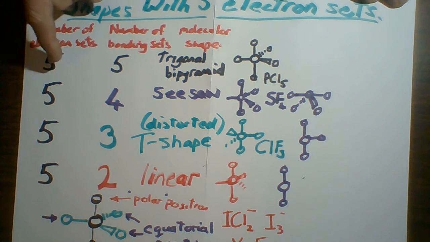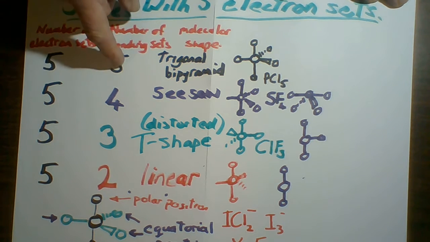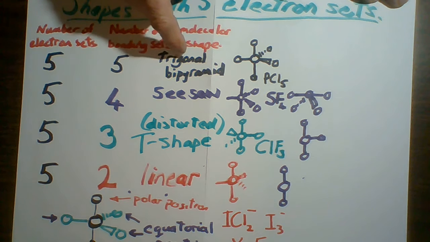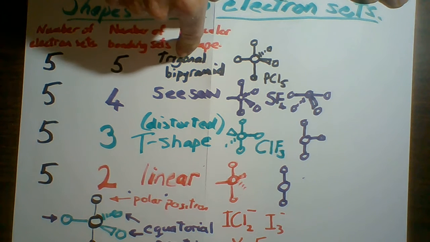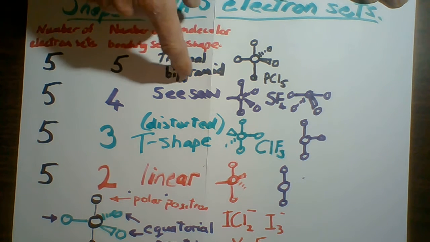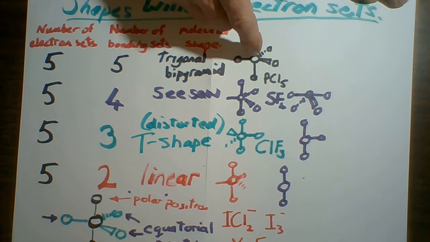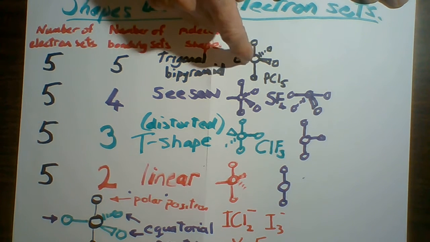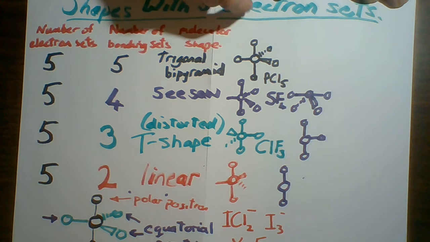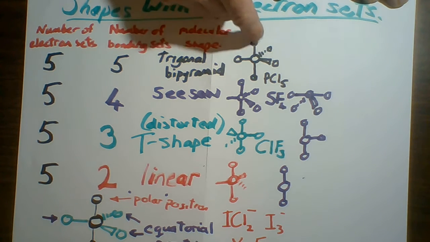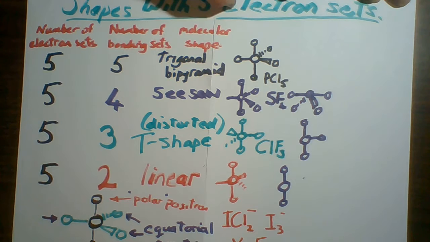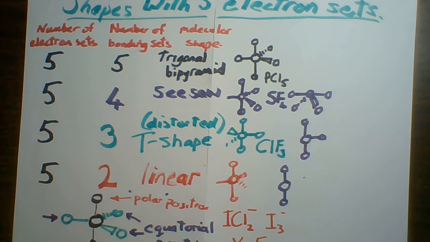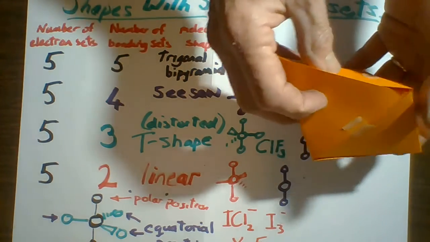So with 5 electron sets, 5 of them bonding, the first shape is trigonal bipyramid. We have the central atom here, 5 electron sets around that central atom, and all 5 of them are bonding. It's called a trigonal bipyramid because that molecule would fit into a shape like this.